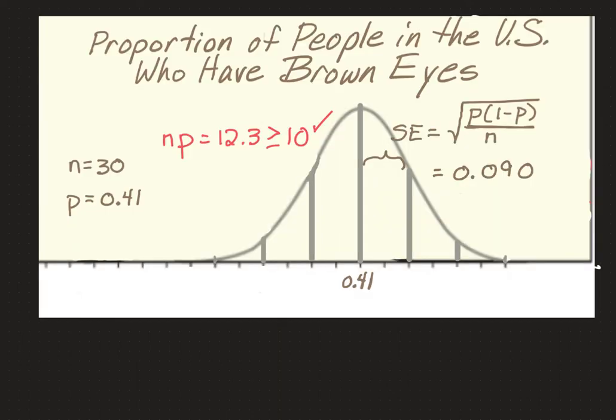And just to remind you what that was, in this case, n equals 30, p equals 0.41, so n times p equals 12.3, which is greater than or equal to 10. Oh yeah, it is. And then we have 1 minus p, which is equal to 0.59, so that 30 times 0.59 equals 17.7, which once again is greater than 10.